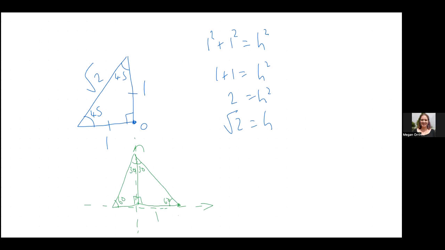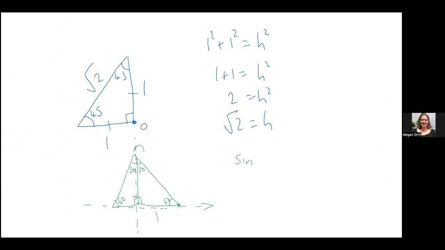So if that's x, what am I going to use? If I've got this and I need this, what am I using? Cosine, or I could use sine or cosine. It doesn't matter because I've got all 3 angles. It doesn't really matter which one I use as long as the hypotenuse is involved. So let's just use sine because we can. So sine of what?